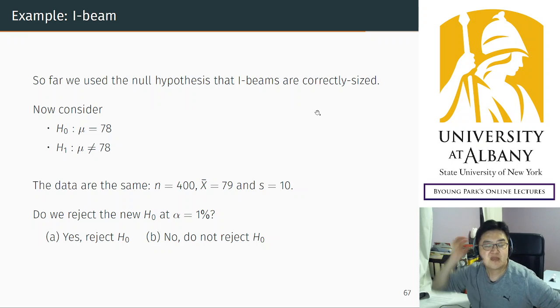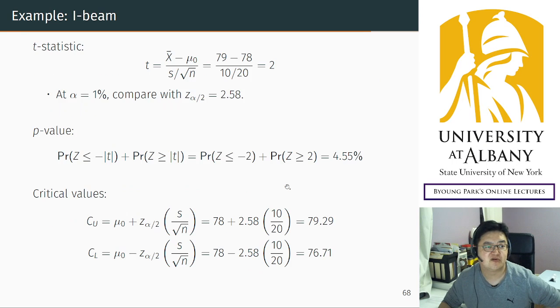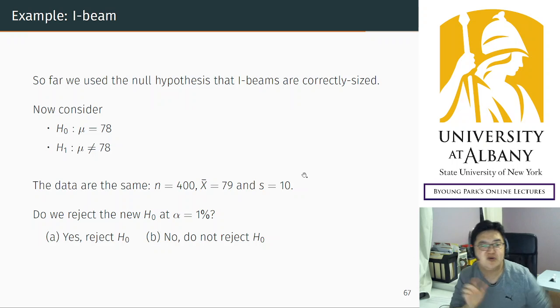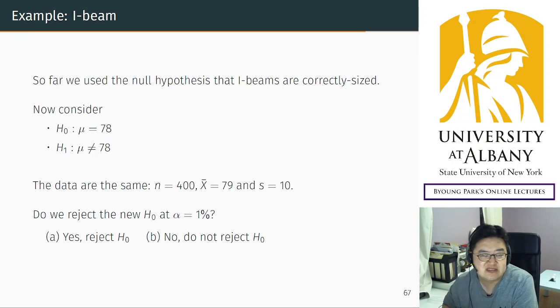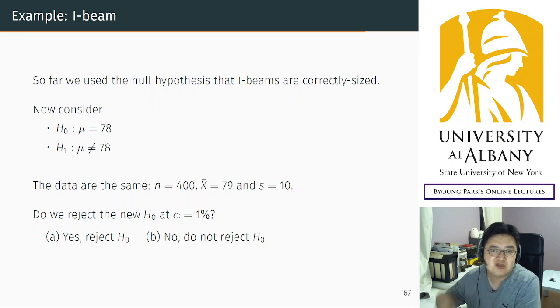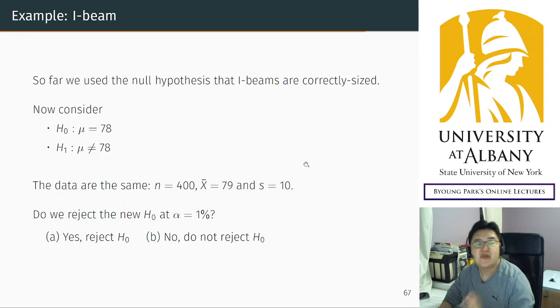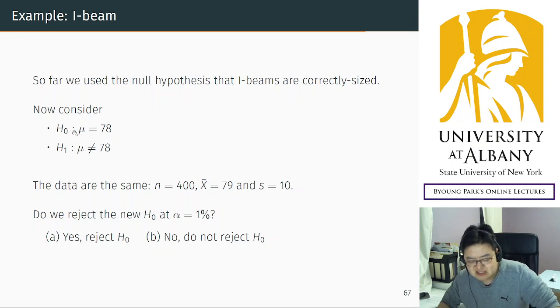And finally, here is another final question. I'm going to let you do it at the end of this video, and we'll show you the answer in the next one. So now I'm going to change the null hypothesis. I believe that this brand is making I-beams of smaller size, at 78 millimeters, which is dangerous.